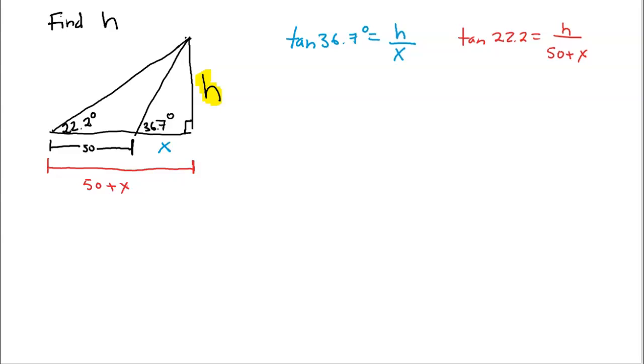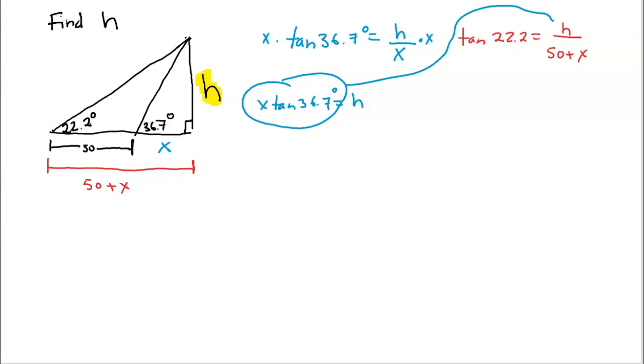I really just, again, still need to solve for h, but we have to do a little bit of work in order to do that. So let's take a look at our blue equation. If I multiply both sides by x, I can at least isolate my h. And then I can use my system of equations where I can plug this in to my second equation right here.